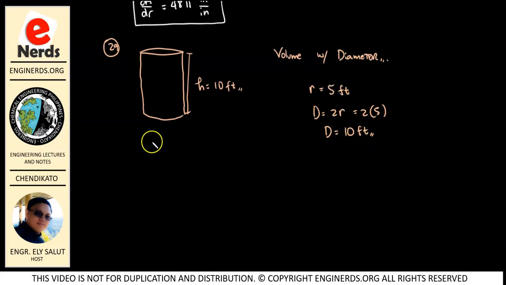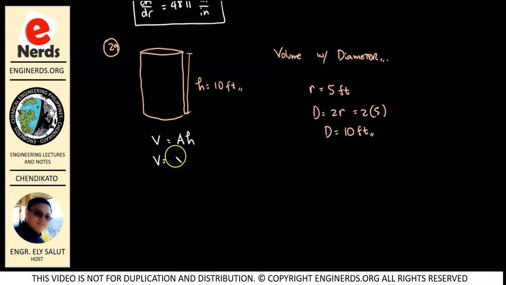So, ano ba yung volume ng cylinder, no? Try na natin siyang isolve ngayon. Volume is equal to the area of the circle on the top times the height. Now, our height is constant. So, ang nagbabago lang sa atin is itong ating area with respect to the diameter. So, we need to express our area with respect to the diameter. So, volume is equal to, so ano yung area ng circle with respect to the diameter?